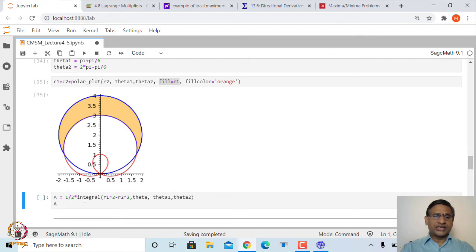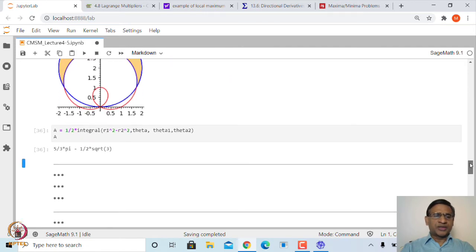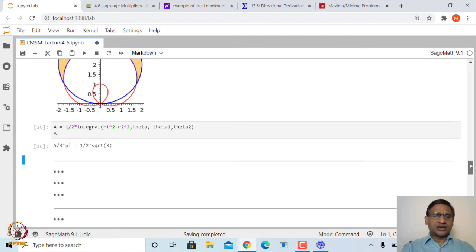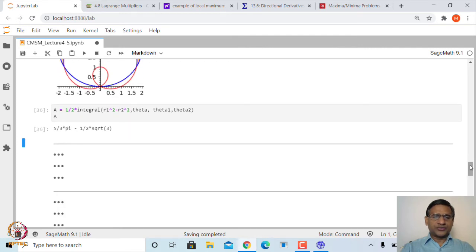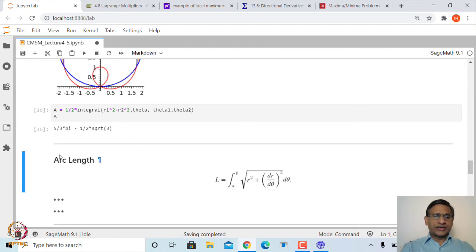So, we can find area as half into integral of r1 square minus r2 square, and theta varies between theta 1 and theta 2. When you compute, this area is 5 by 3 into pi minus 1 by 2 square root 3. Okay. So, this is how you can find area under polar curve.